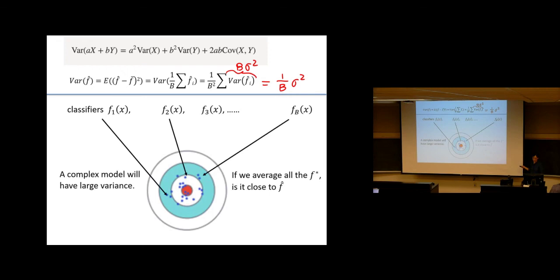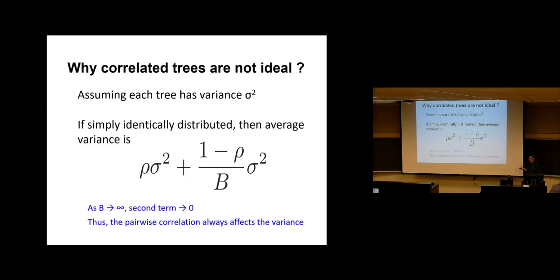All right, so yeah, I should remove this animation, but okay, now let's see, if there is correlation among trees, what is the variance equation? This is the equation of the final joint model if there's a correlation. Of course, I'm assuming each pairwise correlation is the same rho, but there can be a more detailed representation, like rho 1, rho 2, rho ij.